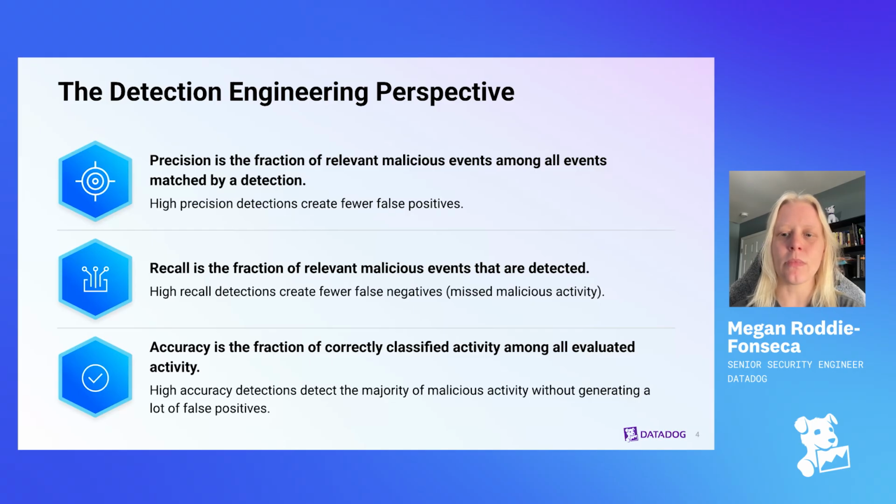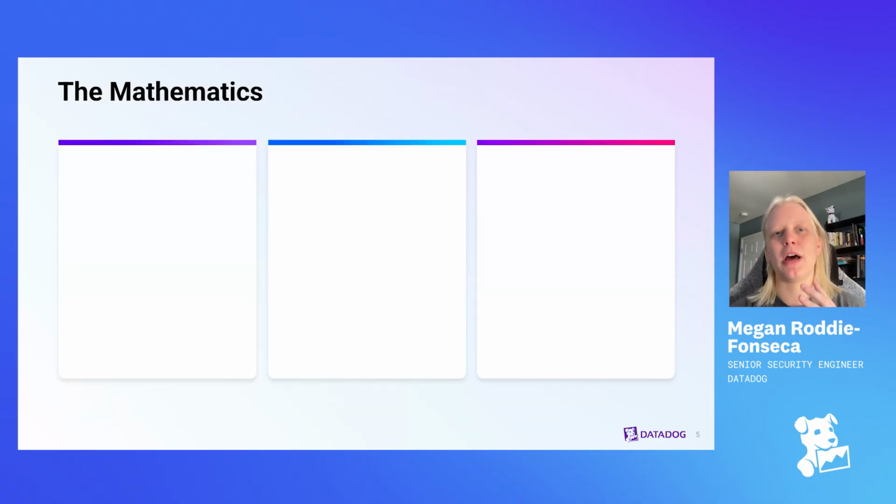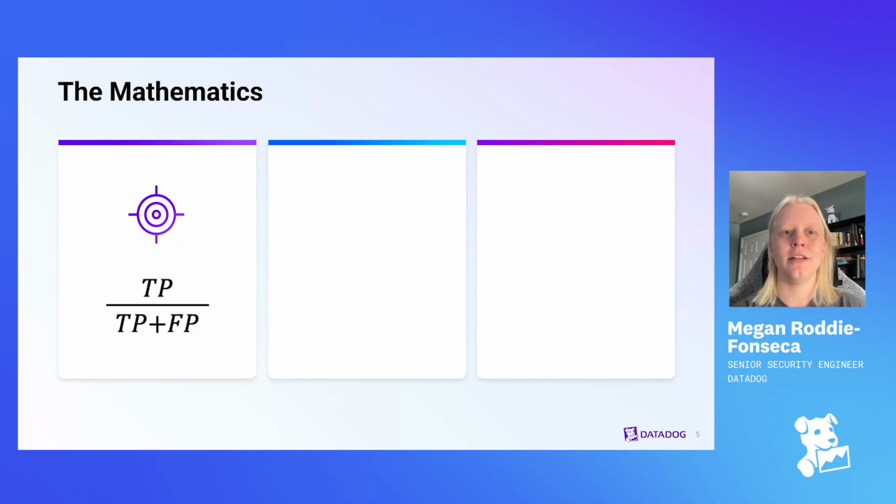Okay? So I'm going to give you the mathematics of this. Some people are going to tune out now, but this can help understand these concepts more. And also you may be able to implement these metrics. Now, some are harder to implement, but we'll talk about that. First, we have precision. It's very easy to calculate precision because this is our true positive rate, or our false positive rate if you reverse it.